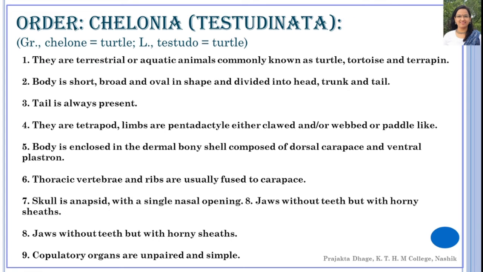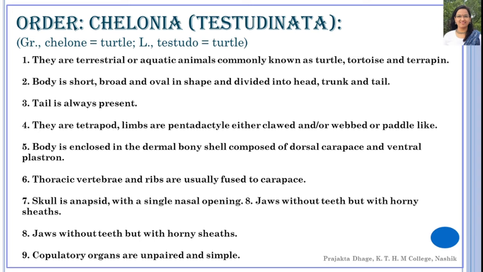Let's see the order Chelonia or Testudinata. Now let's break this word. Chelone is turtle and Testudo is also turtle. Let's begin with the characteristic features of these organisms. These organisms are terrestrial or aquatic. The body will be enclosed in a shell composed of dorsal carapace and ventral plastron, which may or may not be covered with horny shields.